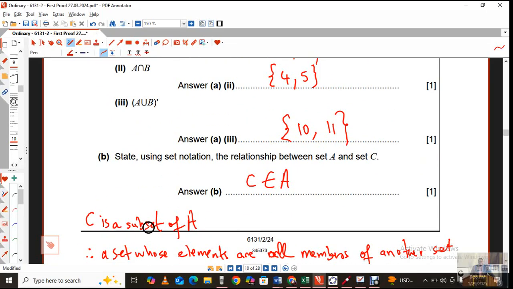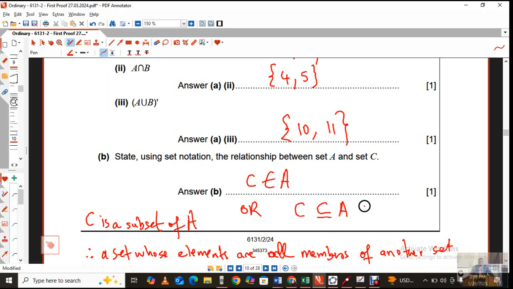So we say that C is a subset. And what is the notation that we use? We say the notation is C is a subset of A. So either one of these deductions will give you 1 mark.